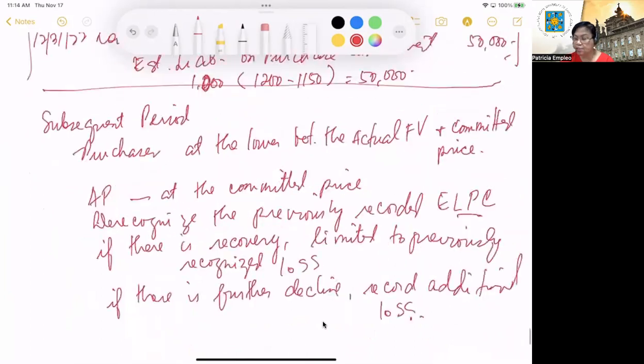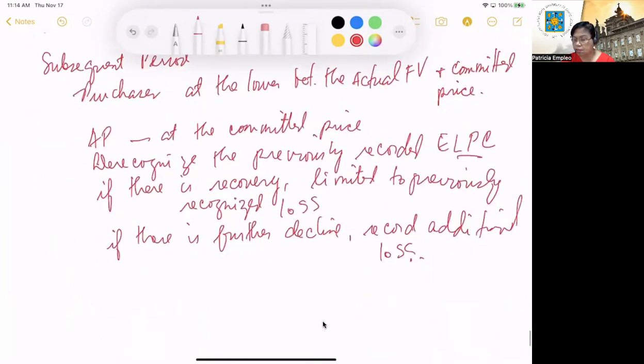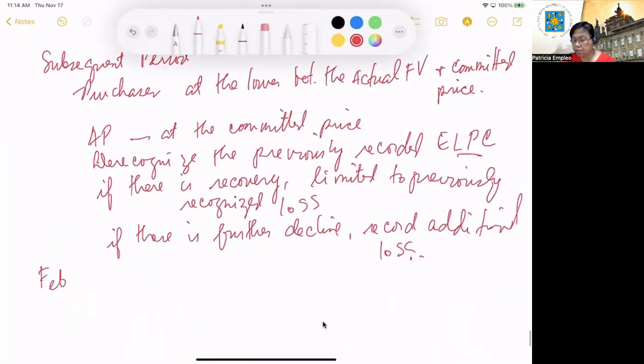So that is the entry on December 31, 2022, and on February 28, 2023, under the date of the actual purchase. So this is actual purchase.